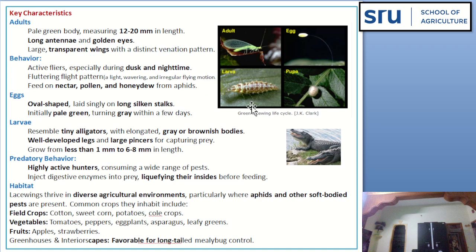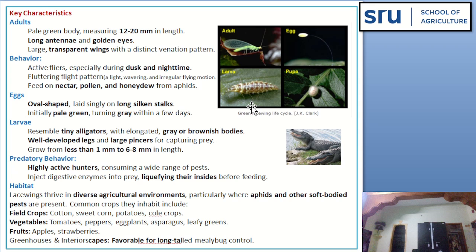Behavior: these are active flyers, especially during dusk and night time. A fluttering flight pattern, that is a light, wavering and irregular flying motion, will be seen in Chrysoperla carnea. They feed on nectar, pollen and honeydew from the aphids.